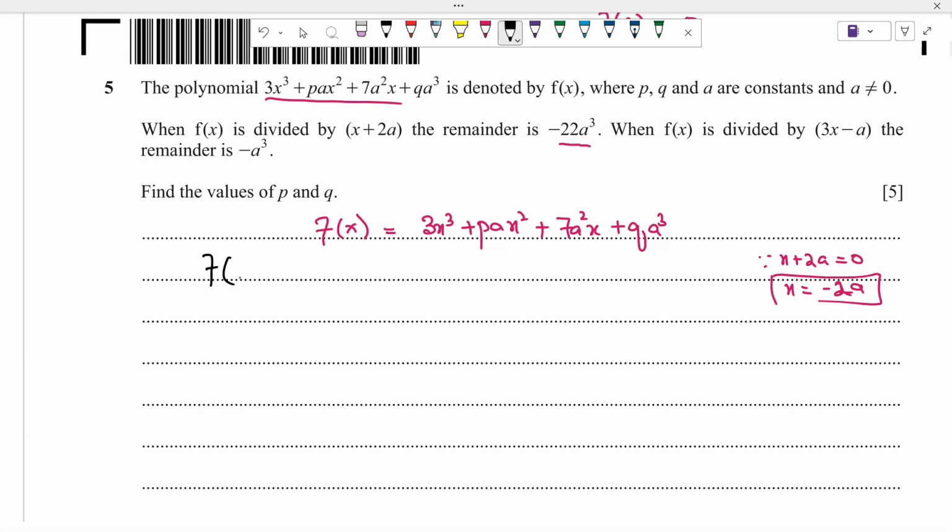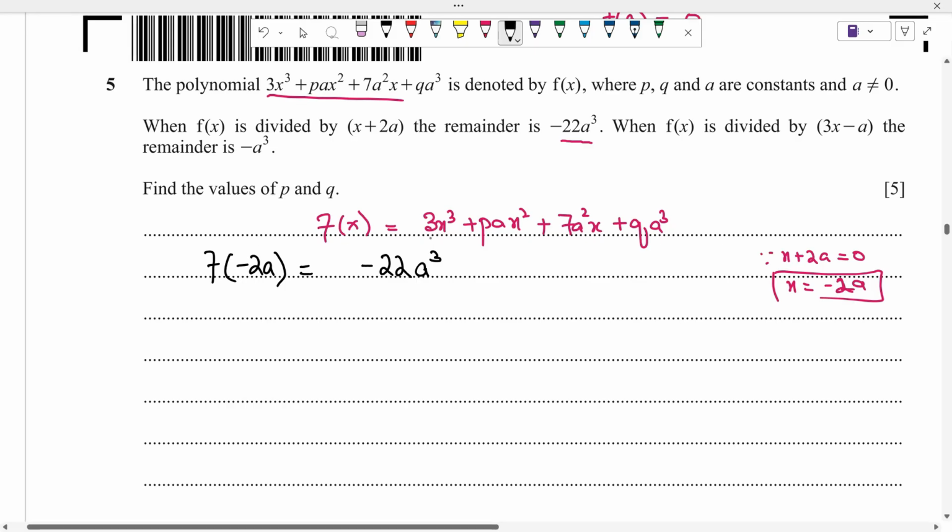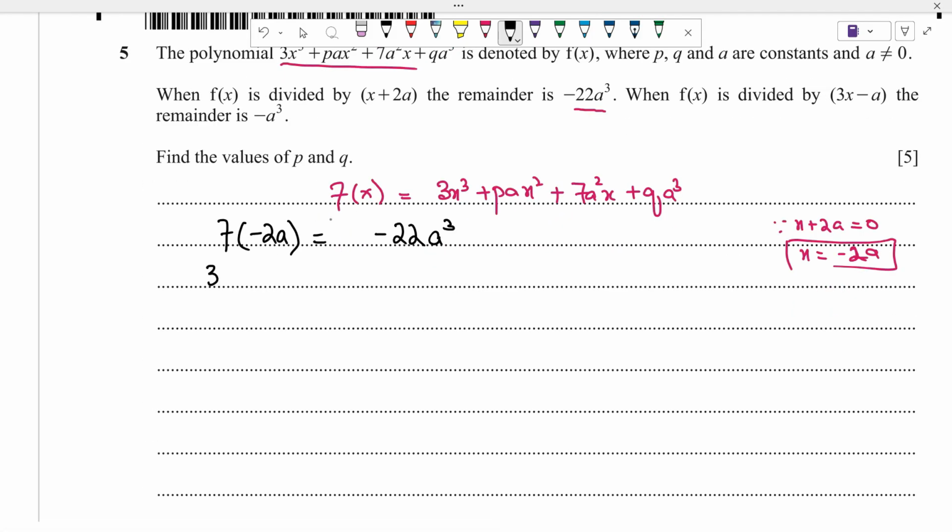So f of negative 2a is equal to negative 22a cubed.